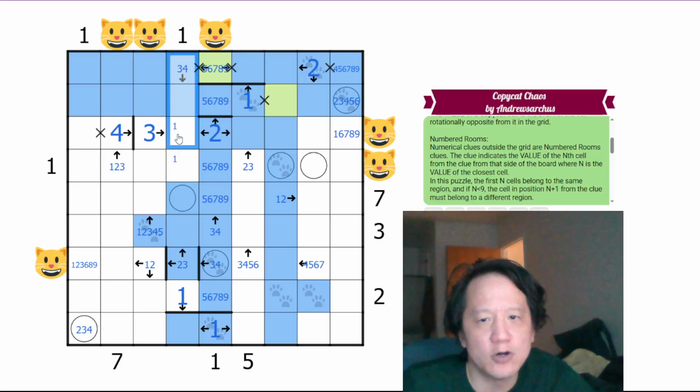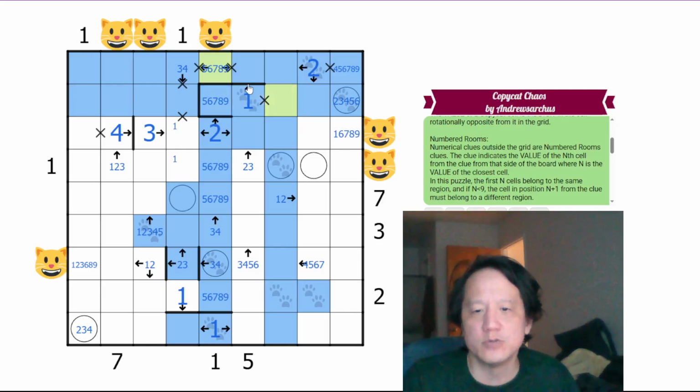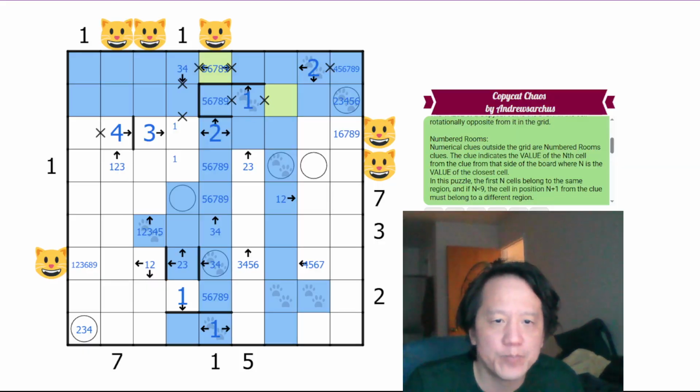So this all belongs to the same region, at least. So there's no boundary here, there's no boundary here. So there must be a boundary here, which means this is part of the 1 region here. So there's no boundary here. And that's from the numbered rooms clues.